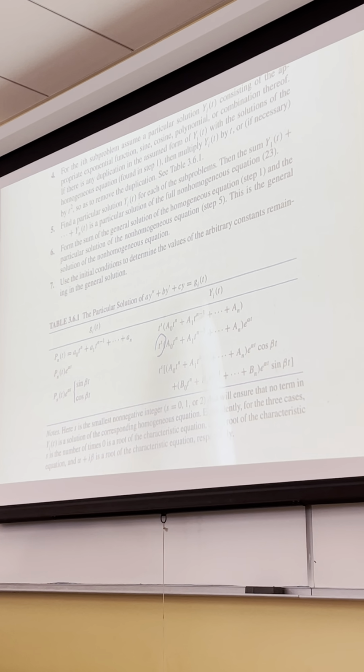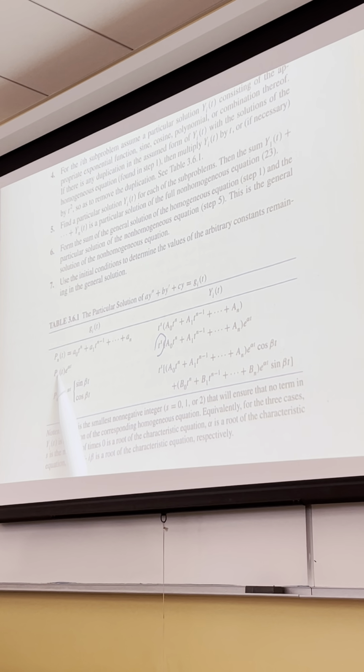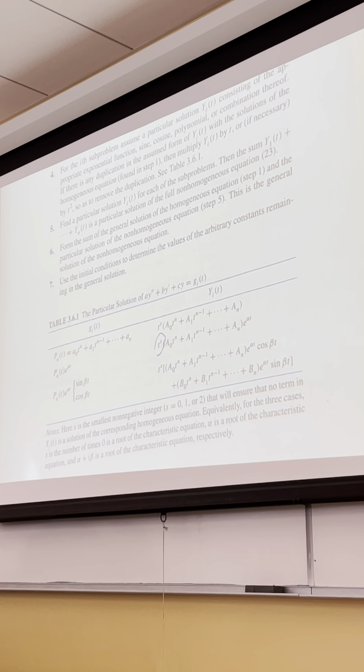If your right hand side g of t is some polynomial times the exponential, we just did the exponential, the polynomial was just like a constant term, right? Our guess would be the same polynomial of the same degree n, times e to the power of t.